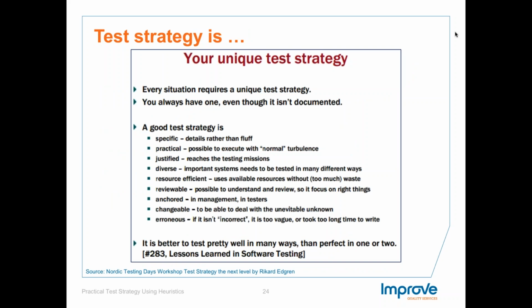So let's zoom in and wrap up all the things I said earlier. A test strategy guides your testing. To me, it's not a document. It's a model. It's a concept. And every situation requires its own unique test strategy.